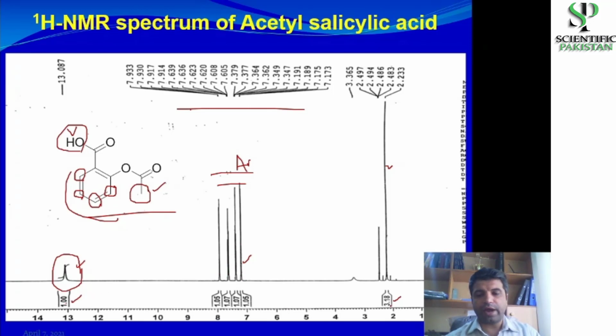So if you add them up, 3, 4, 5, 6, 7, 8. We should have a total of 8 hydrogens in the molecule. Let's see if we have 8. So 3 here, 4, 5, 6, 7, and 8. Right? So if you sum up the integrations from all the peaks, you will come up with the total number of protons in the molecule.